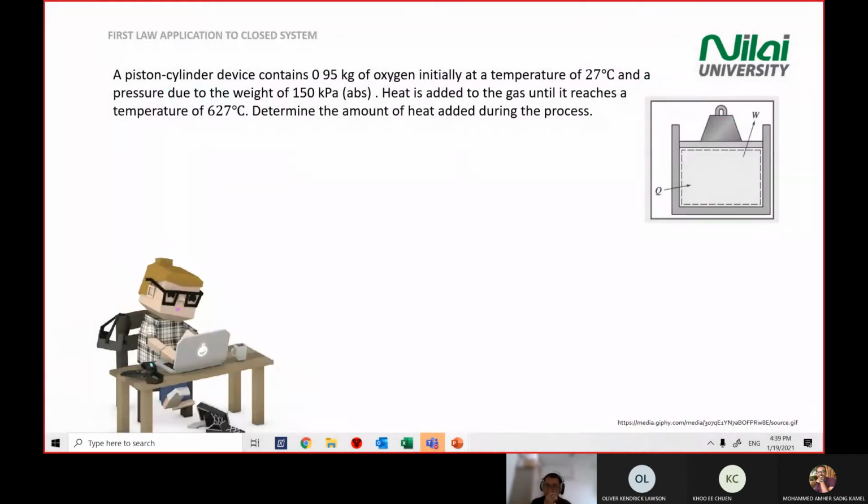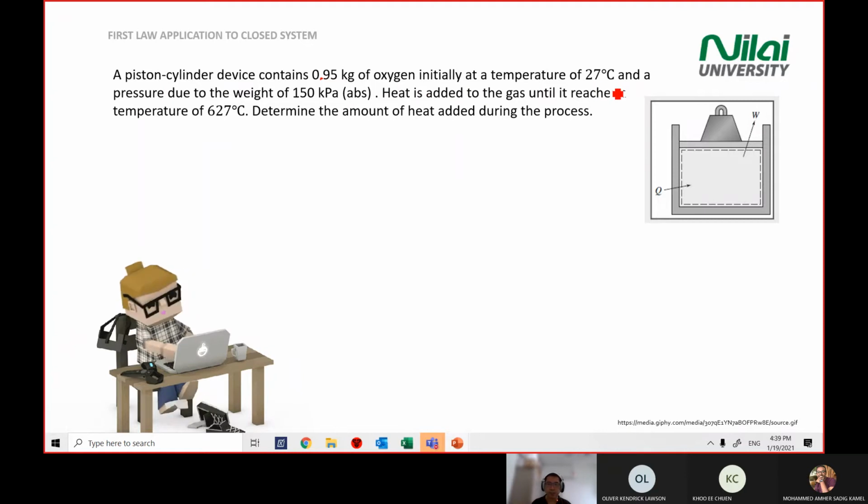Now let's look at one example using what we mean just now, and also the steps that we're going through. Just a refresher. Now we have a piston cylinder device that contains 0.9 kilograms of oxygen with an initial temperature of 27 Celsius.